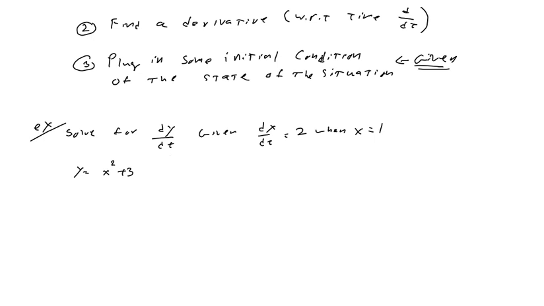So this here is our given information. This is the rate of change of x, this dx/dt. And you can think of x equaling 1, this is like the current moment.